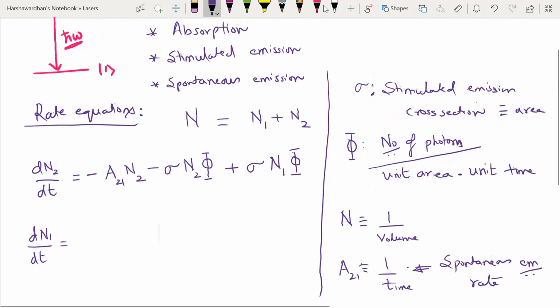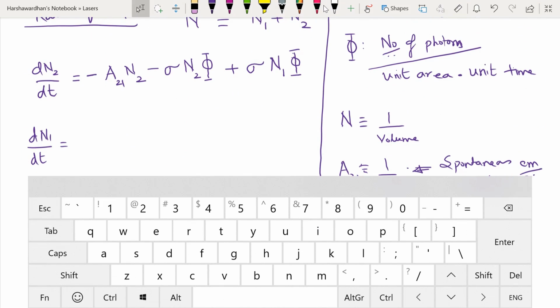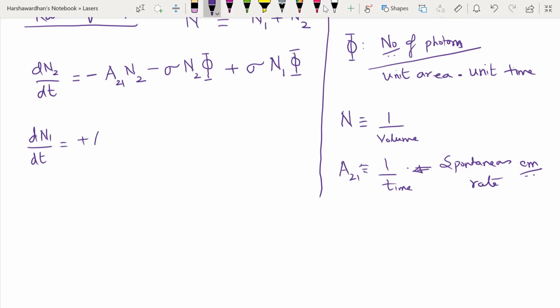And this again depends on these three processes where the ground state population actually increases because of spontaneous emission, right? And it's proportional to N2. It is essentially what is lost in the excited state is what is gained by the ground state, right?